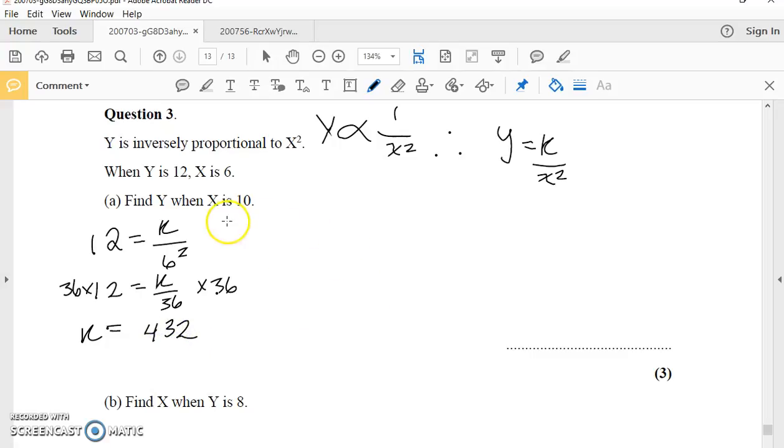Then I want to find y when x is 10, so y equals 432 over 10 squared. So y equals 432 divided by 100, which gives us 4.32. QED.